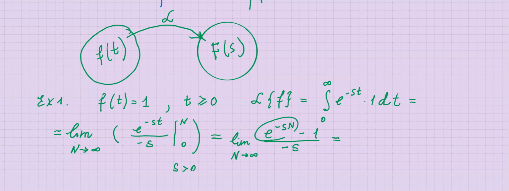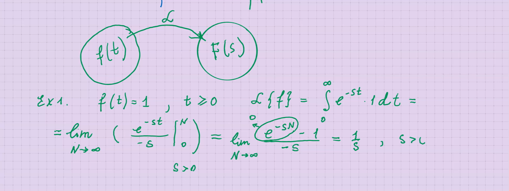So this term will go to 0, because e to the negative infinity is equal to 0. So I'm going to just get minus 1 over negative s, which gives me a simple answer, 1 over s. Right, here I have s greater than 0.